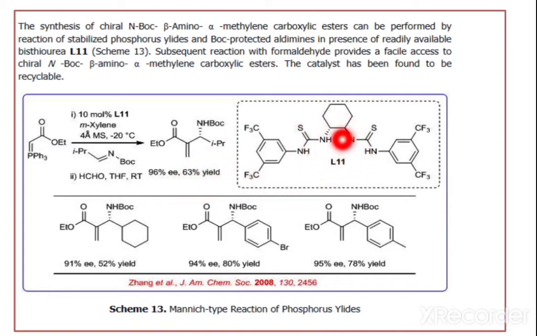By using this catalyst, it activates this imine group and increases the rate of the reaction. Here the various products are given. Overall, it is a Mannich type reaction of phosphorus ylide.